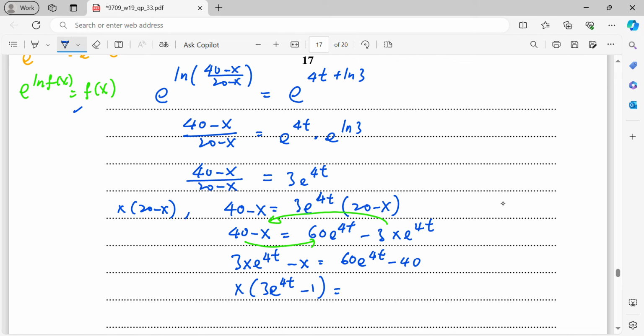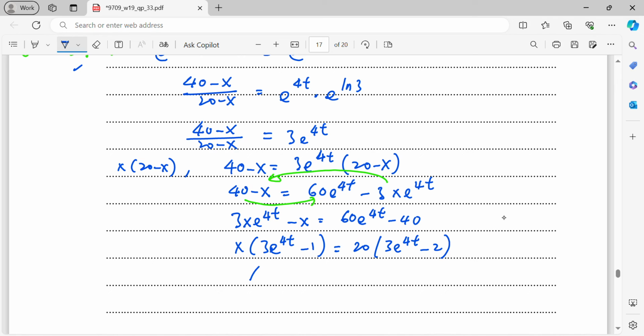Then for the right side, the 20 is in common, so factorize the 20. So I get 3e^(4t) minus 2. So at last, my x is 20 times 3e^(4t) minus 2 over 3e^(4t) minus 1. So that is the solution of this question.